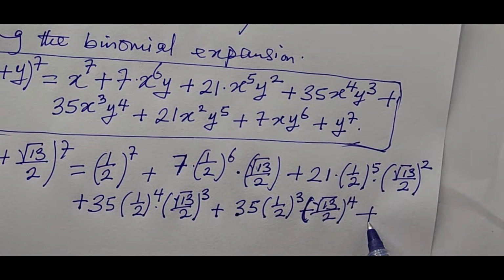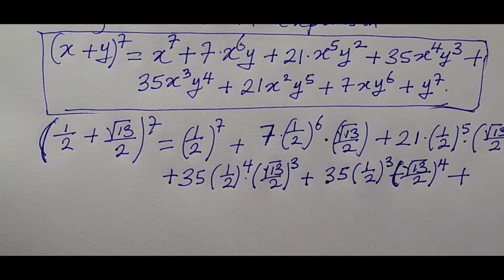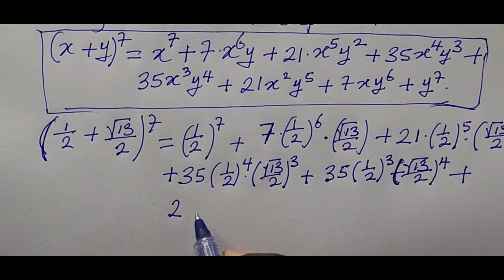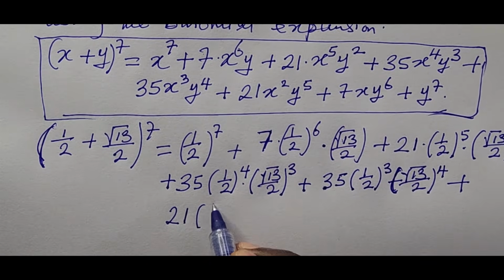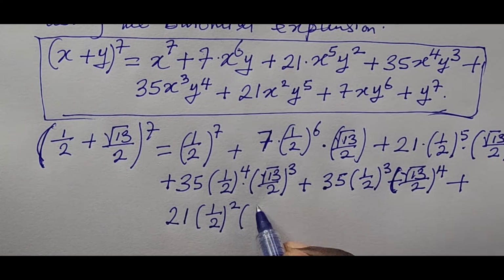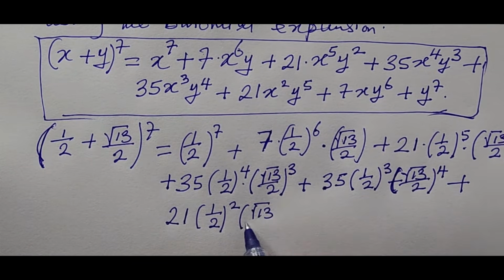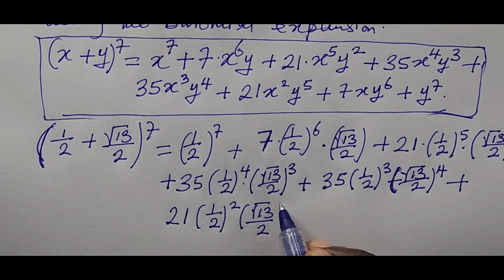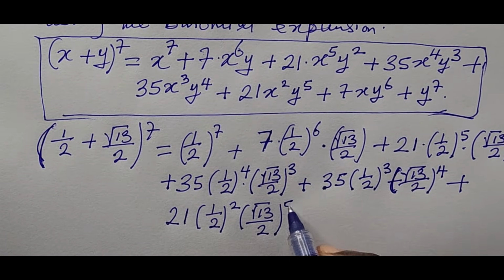Then plus the next term gives us 21 into 1 all over 2 all raised to the power of 2 into the square root of 13 all over 2 all raised to the power of 5.